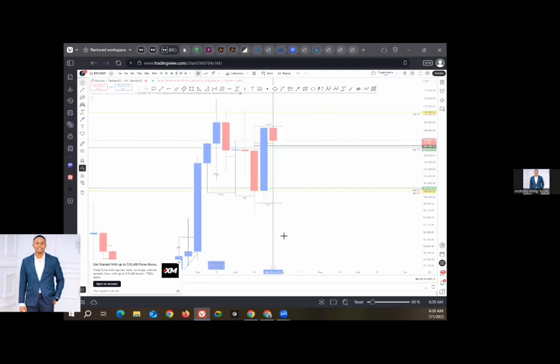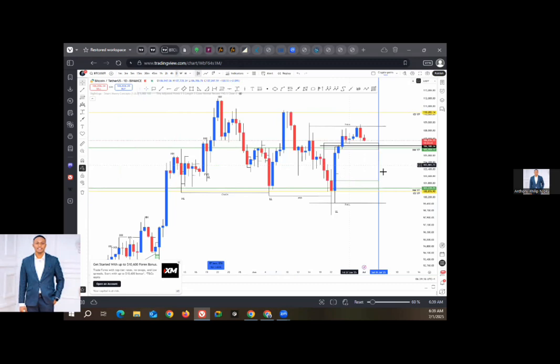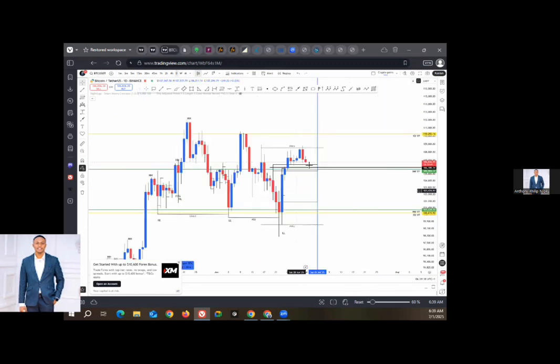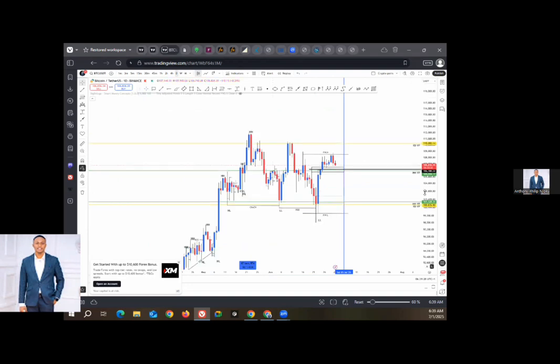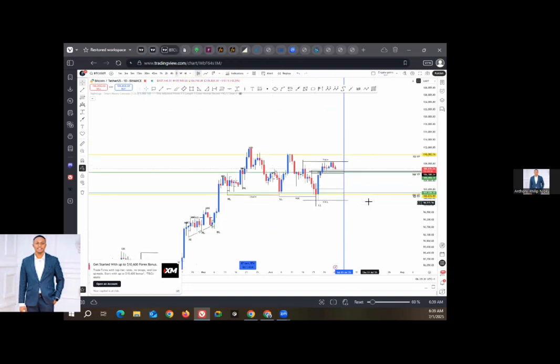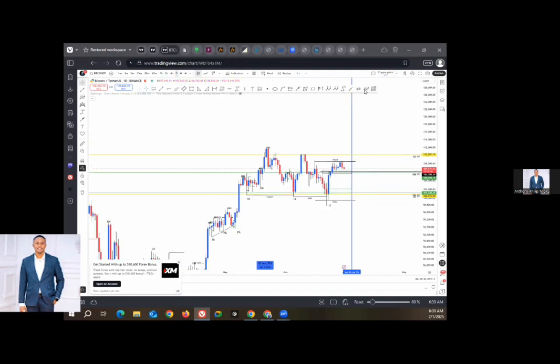Then we go to the daily time frame. On the daily time frame, we mark out the supply zones that can hold. It's been a very complex move for the cryptocurrency market.